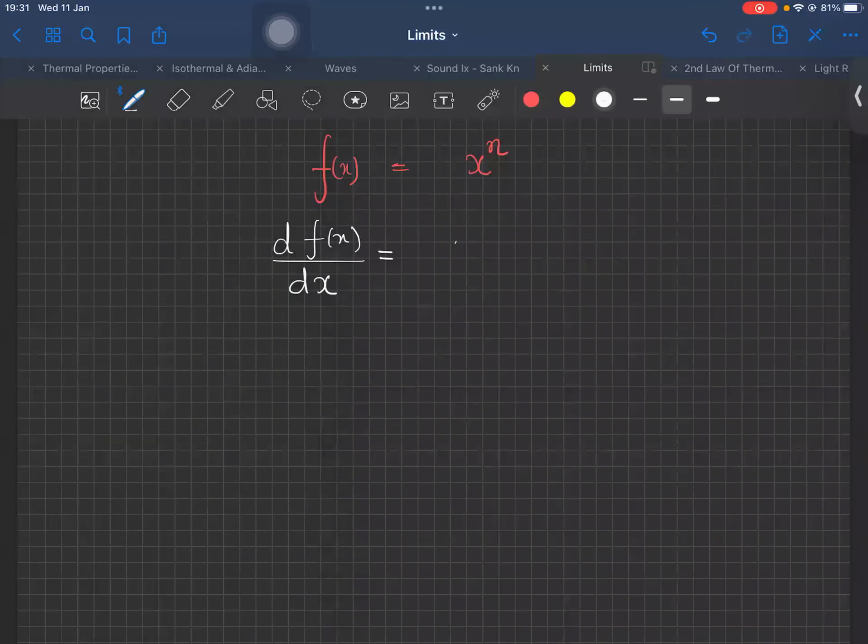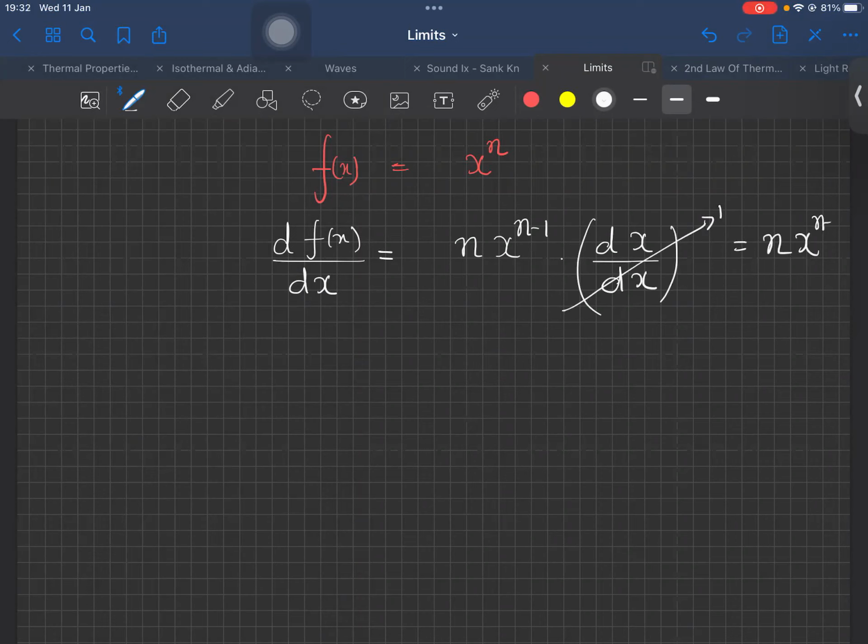So this will be equal to n x to the power of n minus 1 into differentiation of x with respect to x. Now dx upon dx is equal to 1. That's why we don't write it. Okay, that's why we just simply write n x to the power of n minus 1. Understood? That's the reason why we write it. Now suppose f of x is a function of some other function, let's say g of x to the power of n.